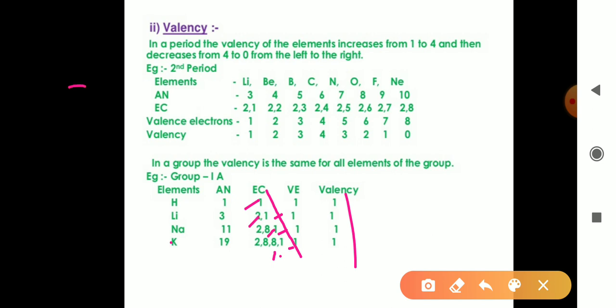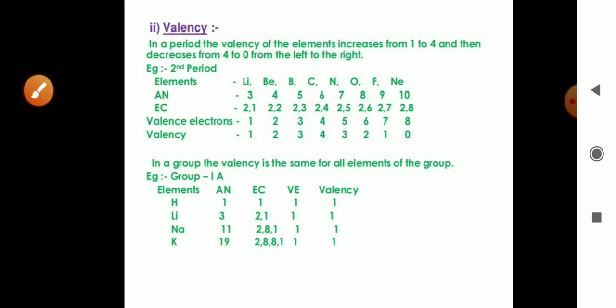So either a duplet or octet is completed. So donated electrons are 1, and therefore valency is 1 for all the elements in the same group. So this is about the property of valency.